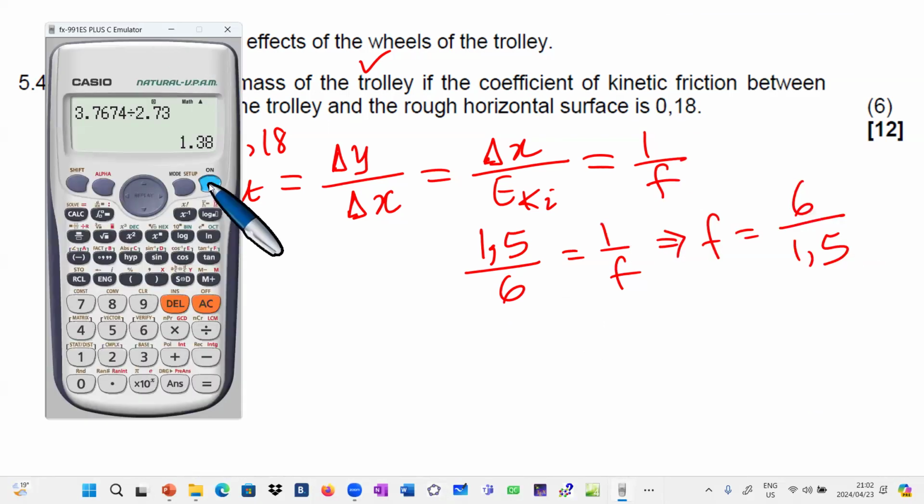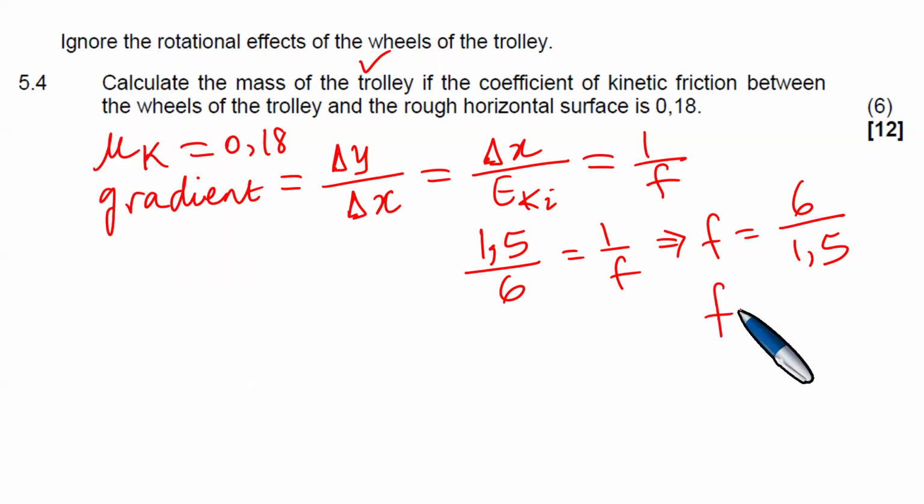You're going to have 6 divided by 1.5. And it's actually exactly 4 newtons. So which means that this is actually 4 newtons. Okay, now we continue.